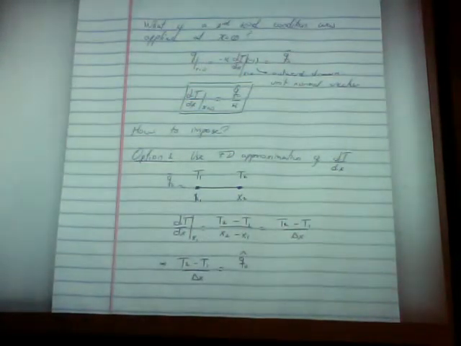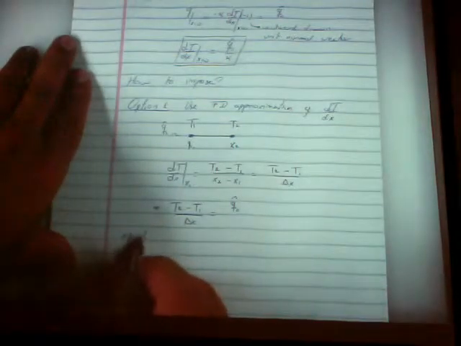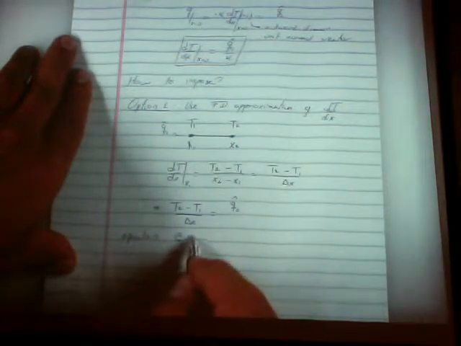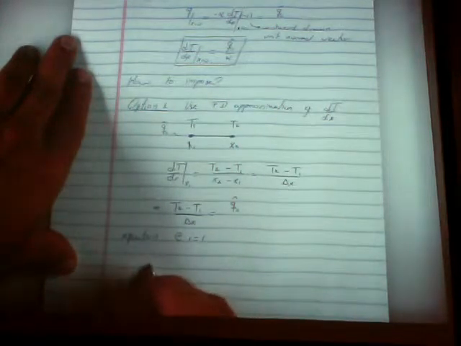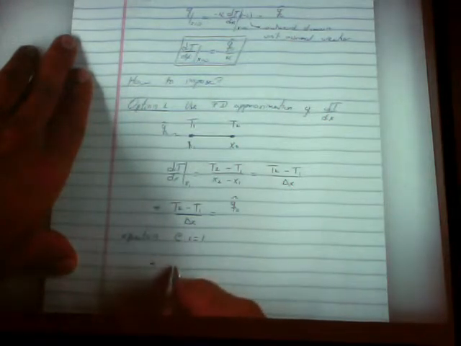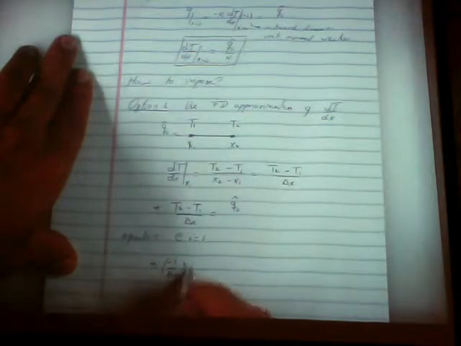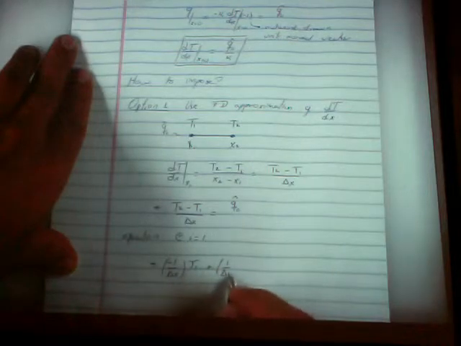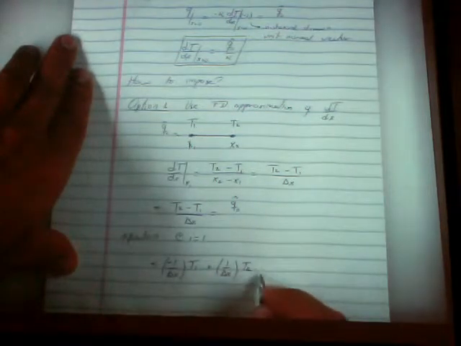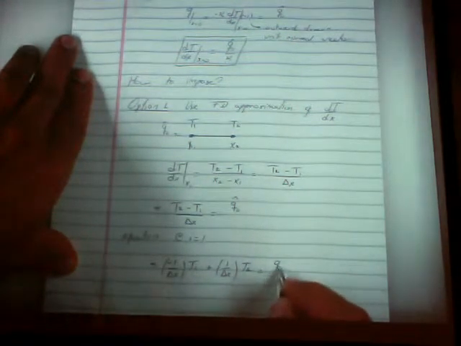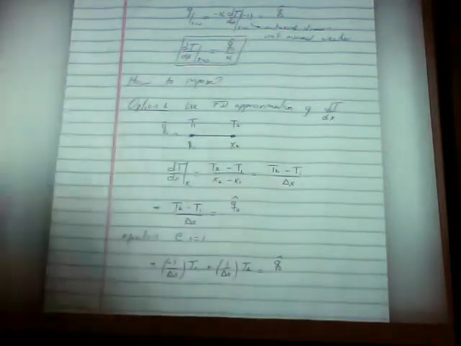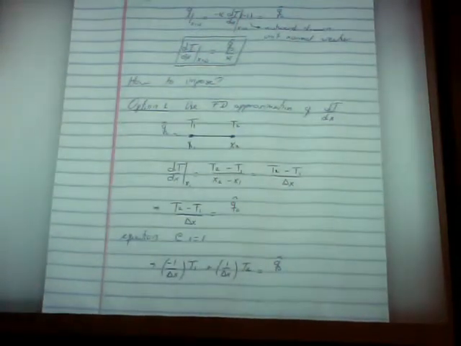So the equation at i equals 1 will simply be minus 1 over delta x times T1 plus 1 over delta x times T2 is equal to Q0. So that will replace the first equation.